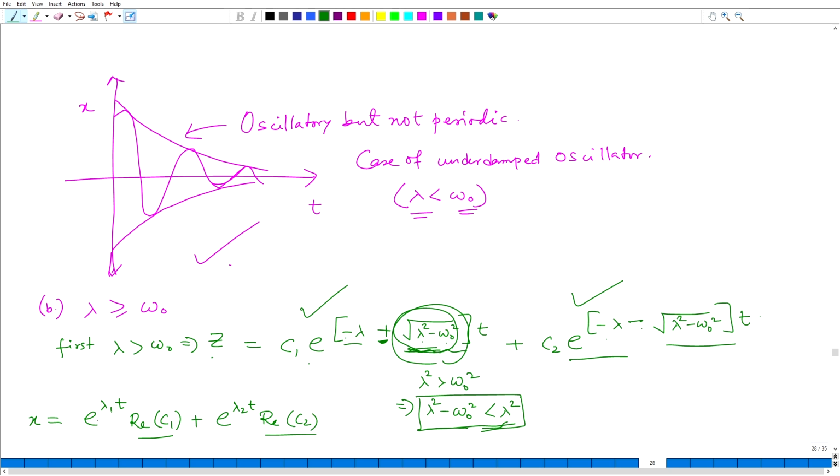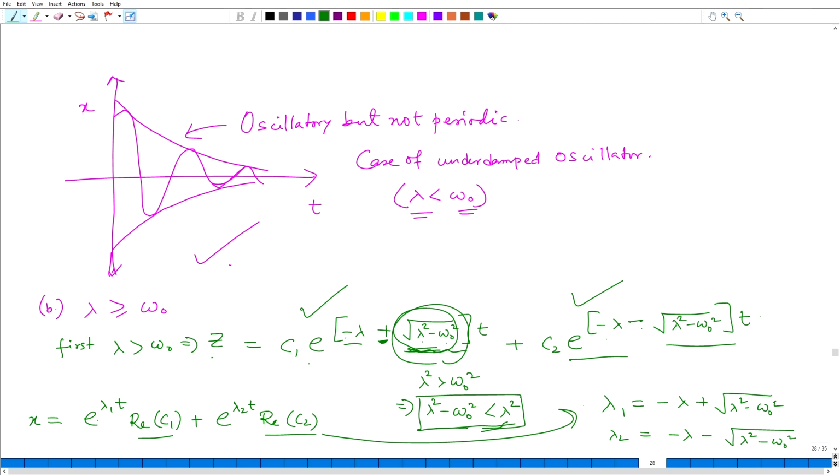And what are lambda 1 and lambda 2? Lambda 1 will be equal to minus lambda plus root over lambda square minus omega 0 square, and lambda 2 is equal to minus lambda minus root over lambda square minus omega 0 square.